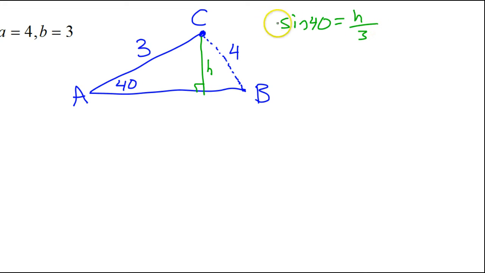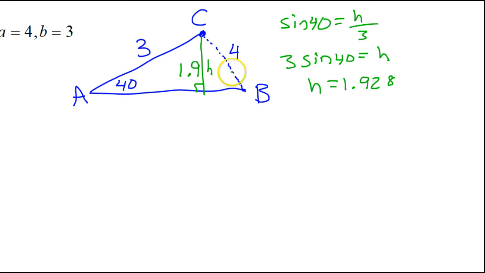If I multiply both sides by 3, that's going to give me 3 sine 40 is equal to the height. I'm just going to punch this in my calculator real quick. So that's giving me the height is equal to 1.928. So the height is approximately 1.9.